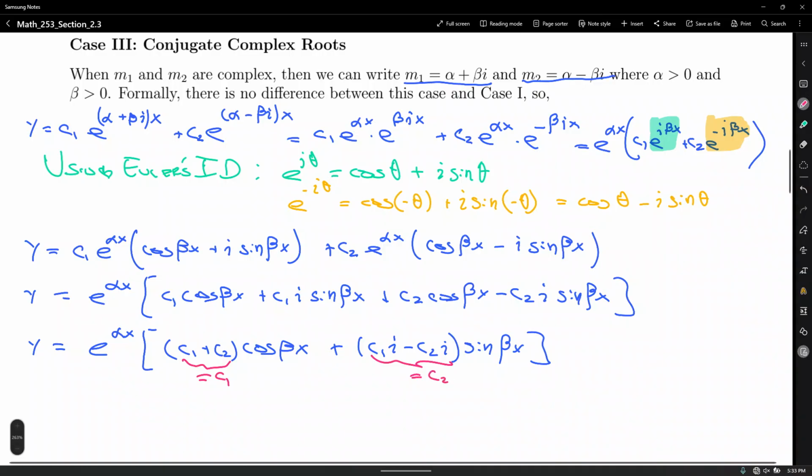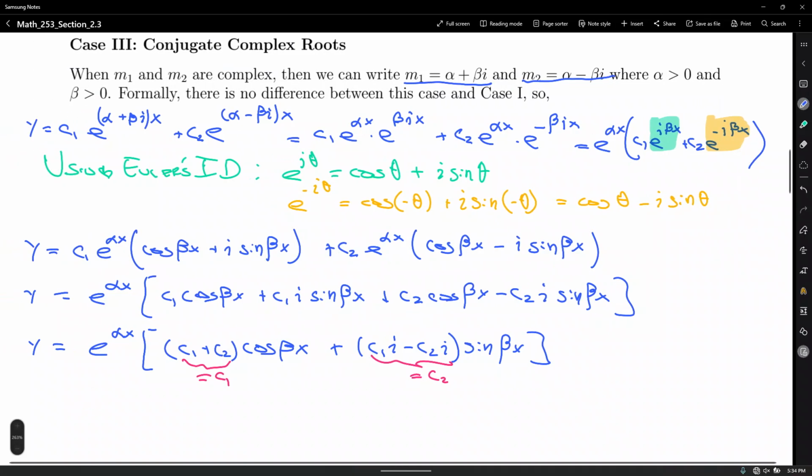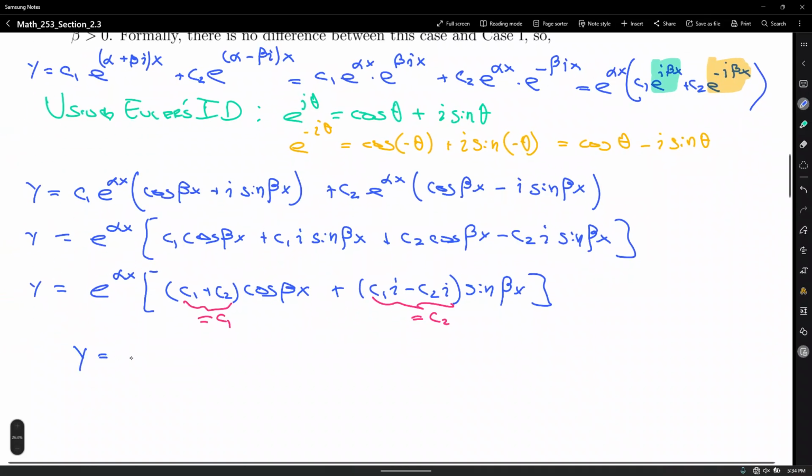Yes, the i is there, but we all know this is coming from some complex function. So y equals e to the alpha x times C1 cosine beta x plus C2 sine beta x. This is where all this is coming from.